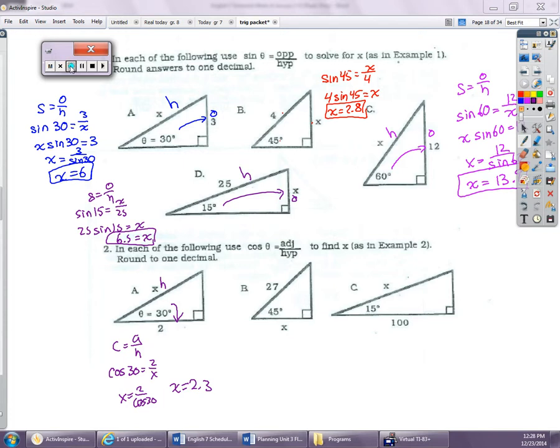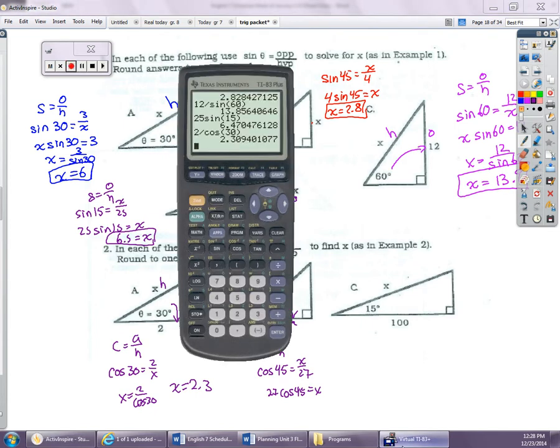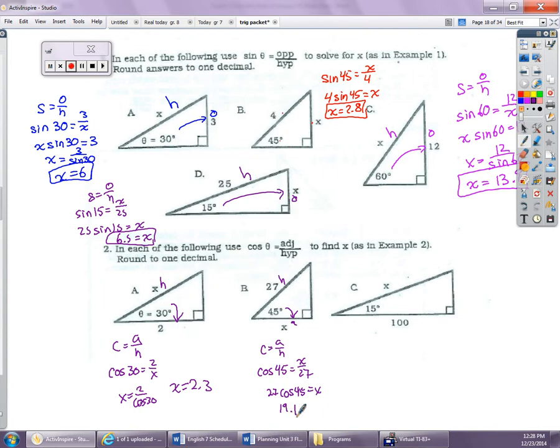Alright, and if we look at the next one, here's our angle, adjacent, hypotenuse, so the cosine of 45 degrees equals x over 27. So multiply both sides by the denominator. 27 times the cosine of 45 gives us about 19.09, which is 19.1. So x is 19.1.